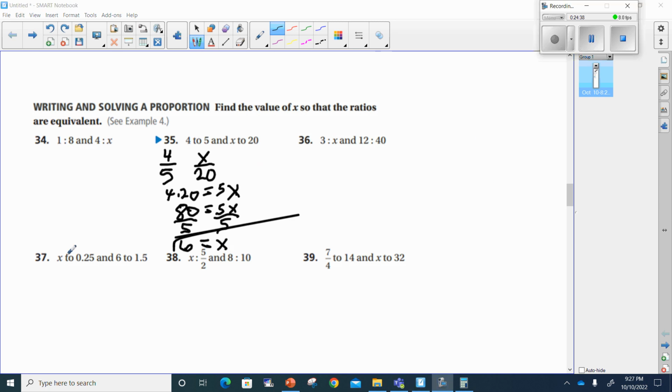All right, over here we got x to 0.25, and 6 to 1.5. That means we're going to take 1.5 times x.